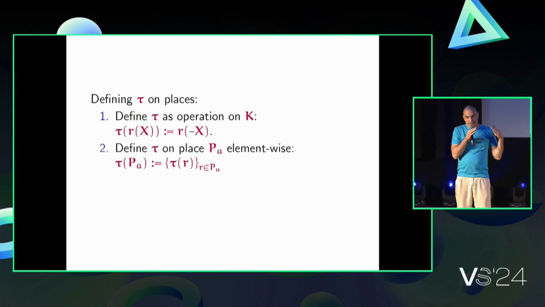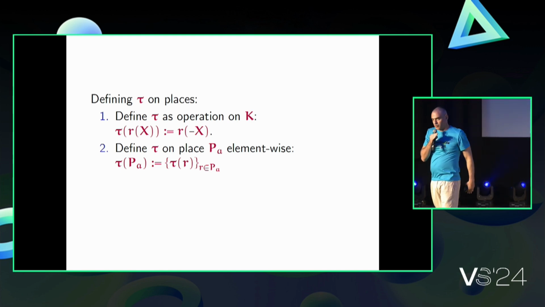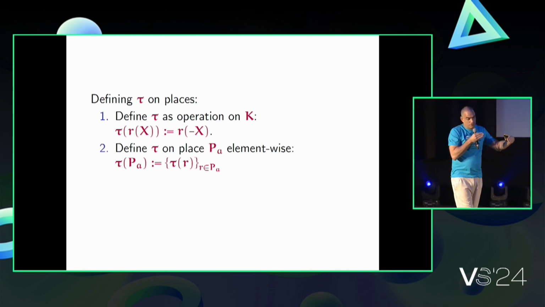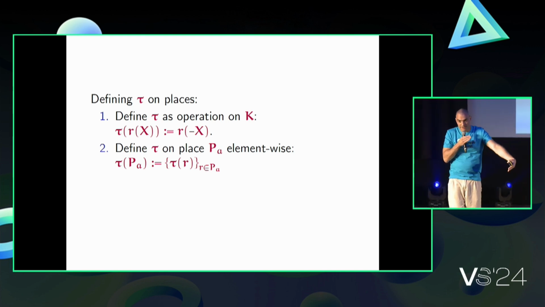And now we need to say how to apply tau on a place. A place is just this set of functions that is 0 on A. So we're just going to apply it element-wise. We define tau on PA as the set of functions tau of R over all R in PA.